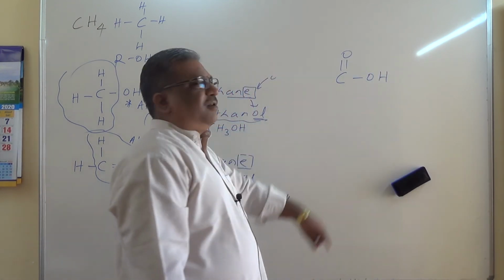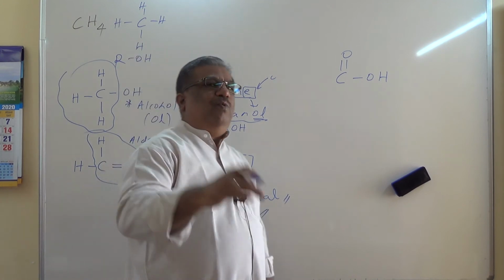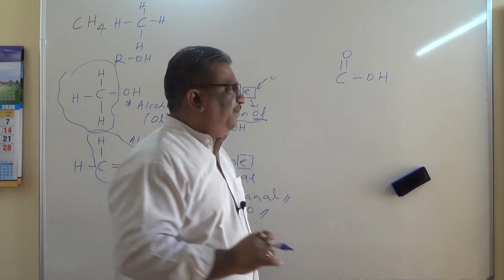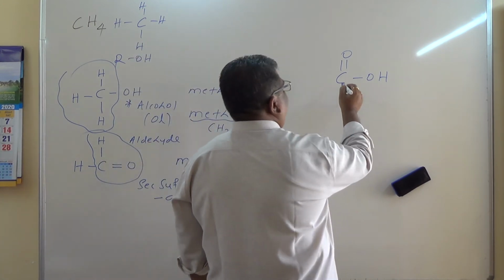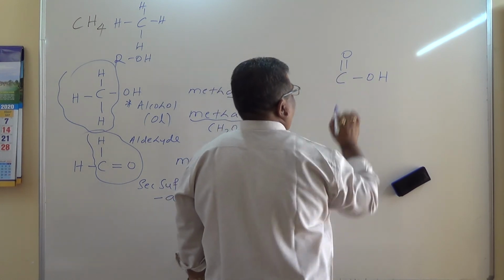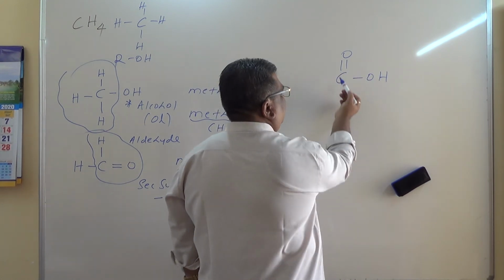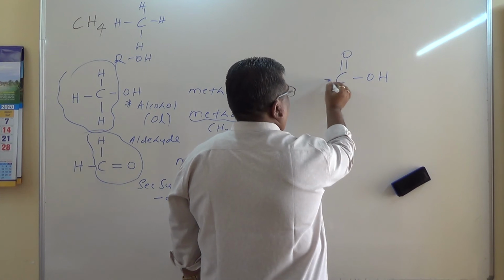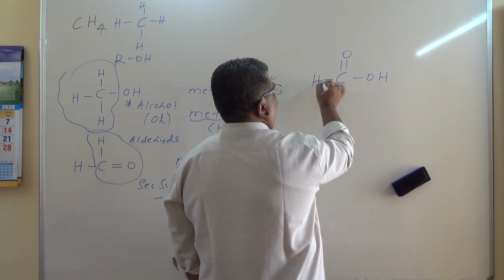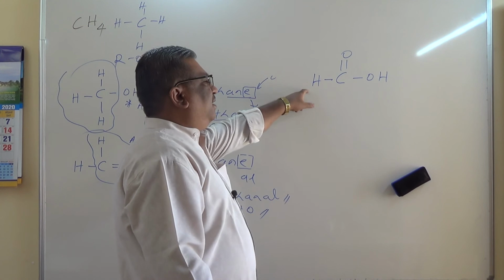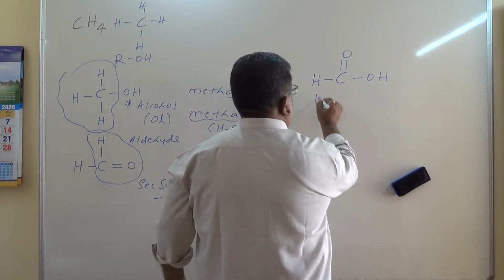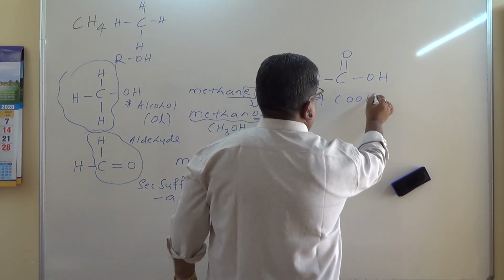This is carboxylic group. But for methane, only one should be there, isn't it? So, for methane, only 1 carbon should be there. Okay, already it is there. Is valency balanced? 1, 2, 3. No. Can I put hydrogen? Yes, I can put hydrogen. So, how do you read the molecular formula for this? HCOOH.